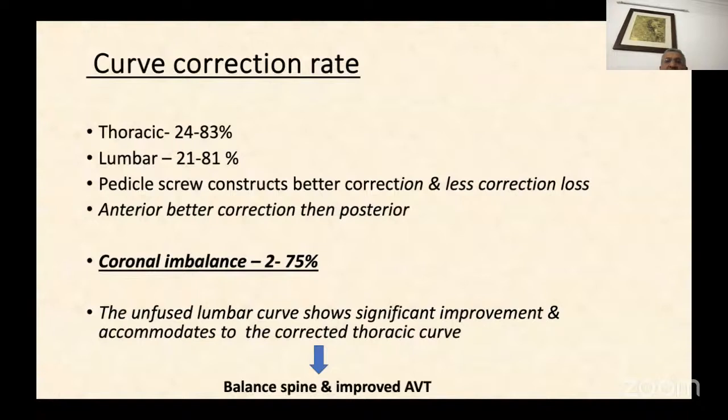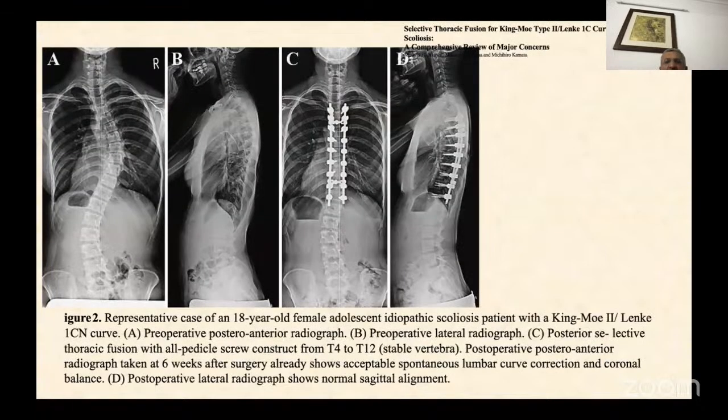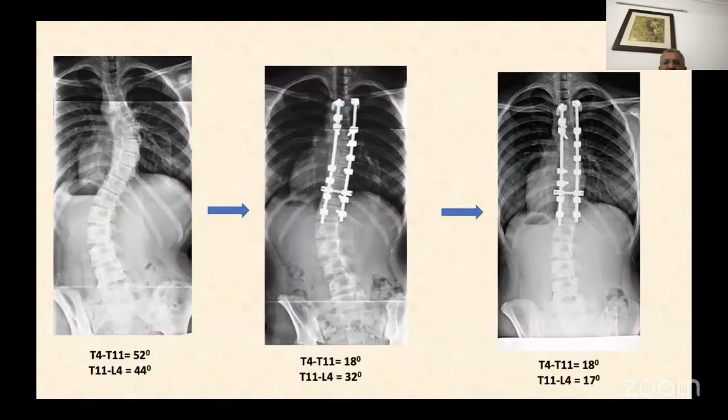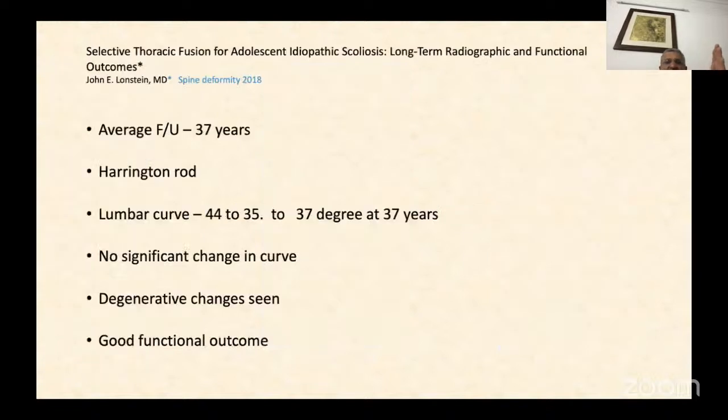Still, complications like this can happen, but usually the lumbar curve modifies it and it corrects spontaneously over a period of time. So see the amount of correction that happens over a period of time as the patients mature, and over a period of time there is a body straightening response which tries to compensate for the tilt.